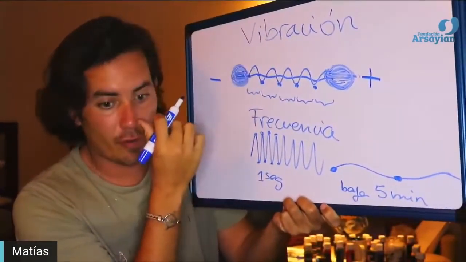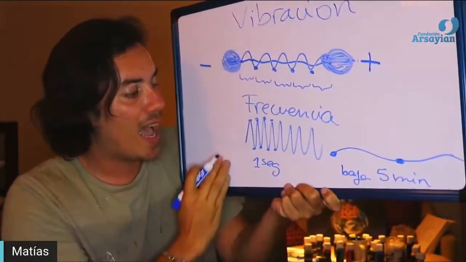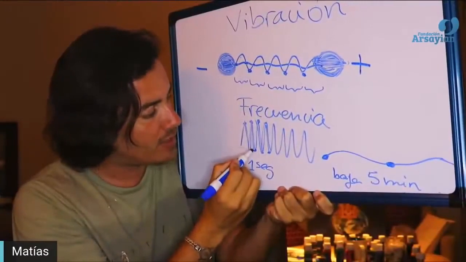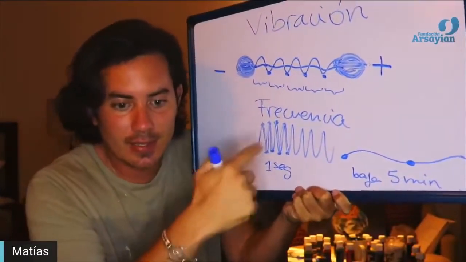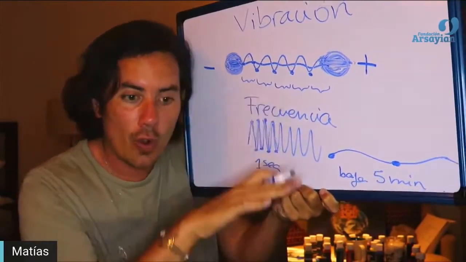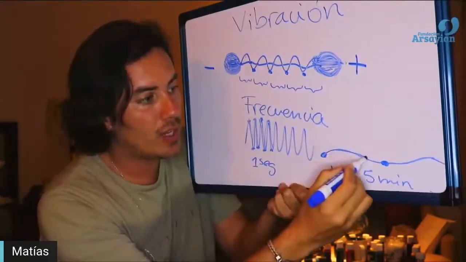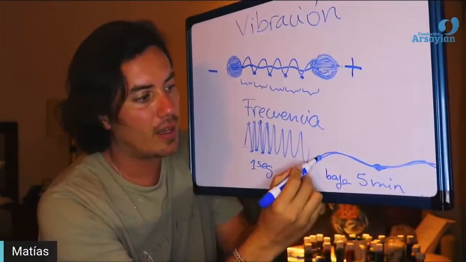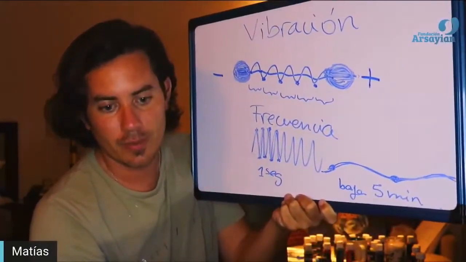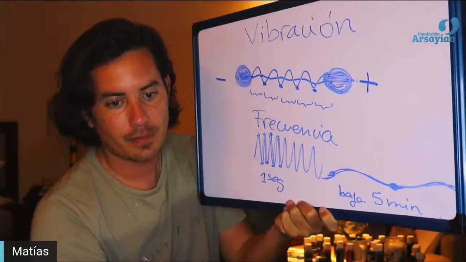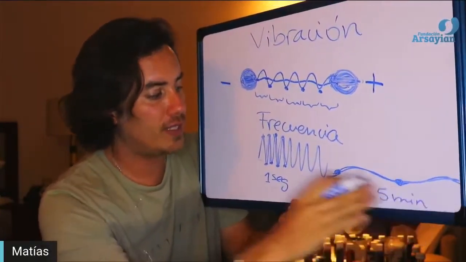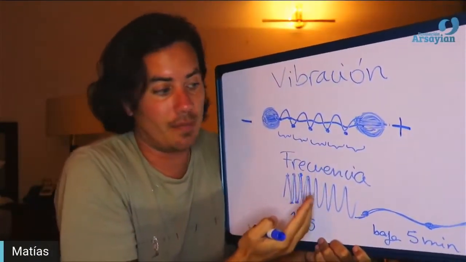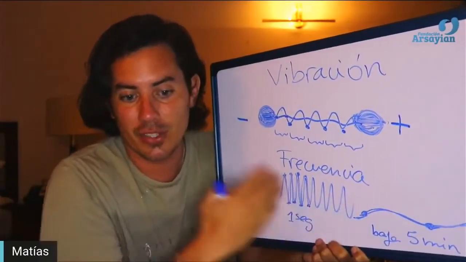A high frequency is when this repeats very fast, in just 1 second. A low frequency is when the wave, the spots, repeat over a long time, like every 5 minutes, for example, compared to this one. So that's low frequency and high frequency. So what is vibration? Vibration is the movement. It can be a high vibration or low vibration, it doesn't matter, it's movement.